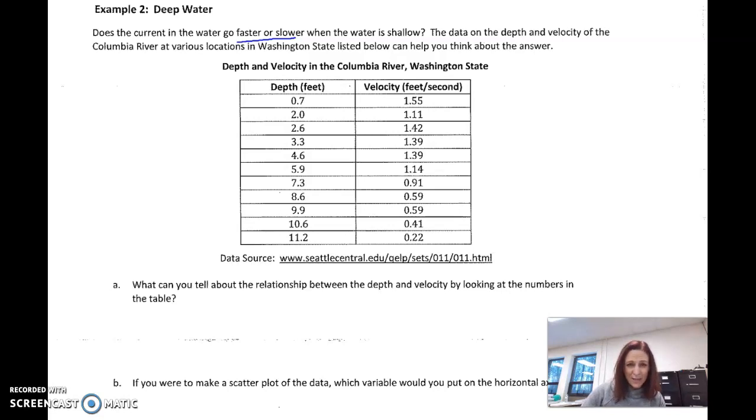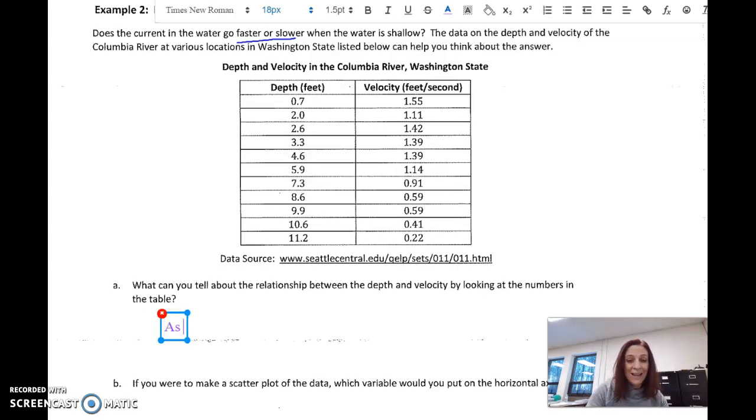So if I look here at my depth, it looks like these are increasing, right? So, as always, what we can say is as depth increases, what's happening? Well, let's look at our velocity. We start at 1 point, now this is feet per second. At a depth of 0.7 feet, so not even a full foot, the water's moving at 1.55 feet per second.